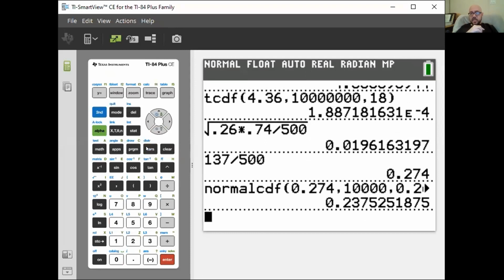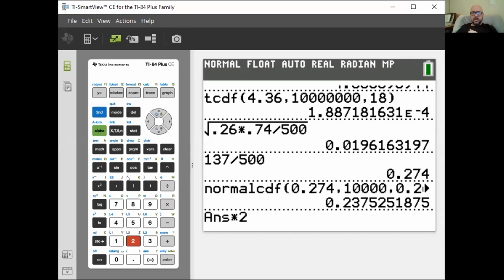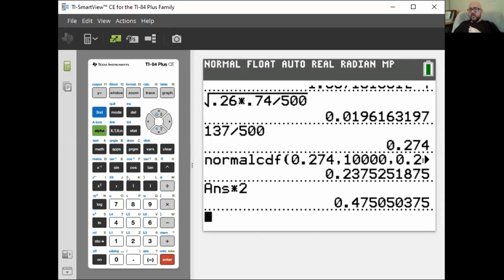So that is the area of the upper tail. That's 0.2375, the area of this, but I want both of them. So I'm going to multiply that by 2. I just take that number and multiply by 2. So there's our p-value, 0.475.